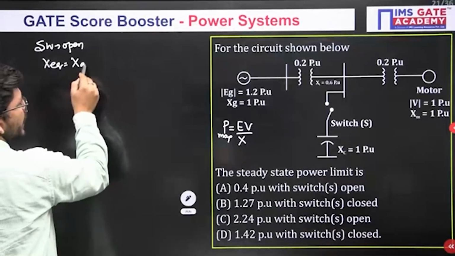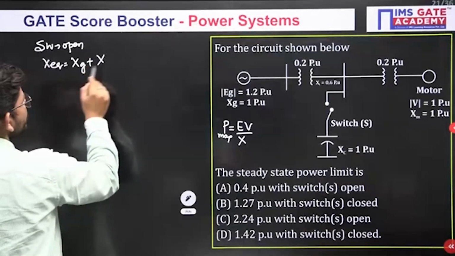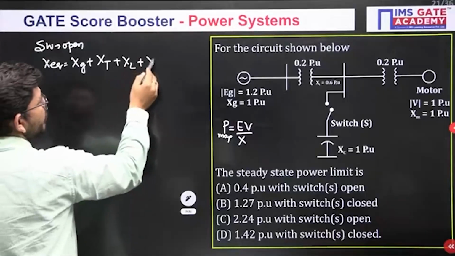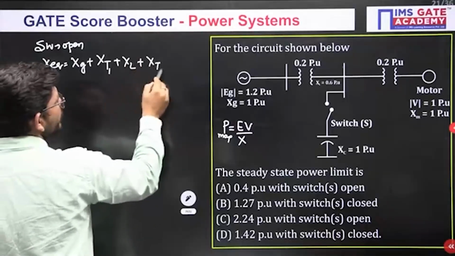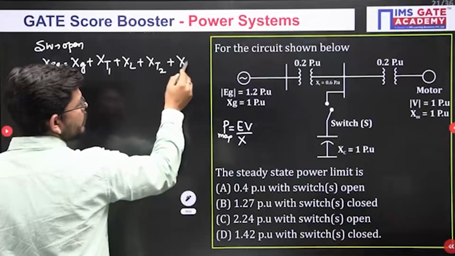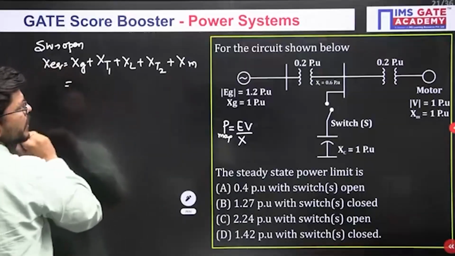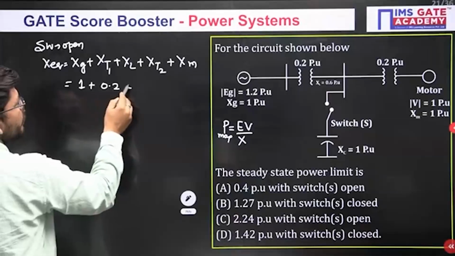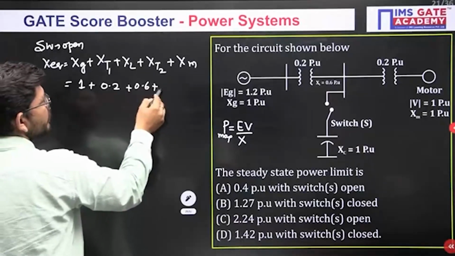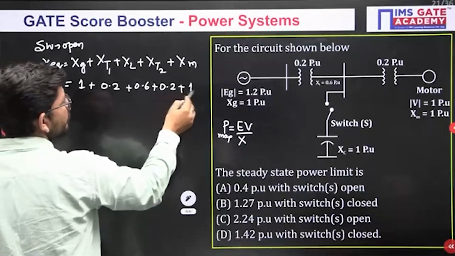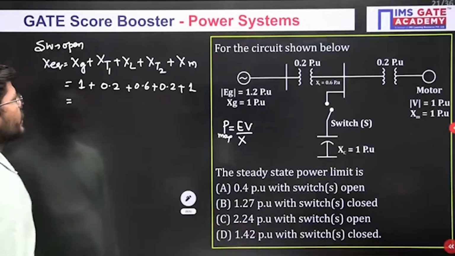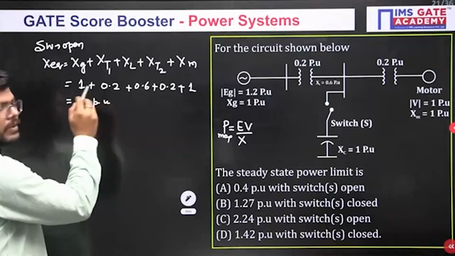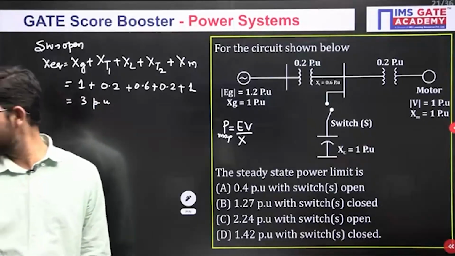It will be equal to X of G plus X of T1 plus X of line plus X of T2 and then X of M. Let me write the impedances of everyone: 1 plus 0.2 plus 0.6 plus 0.2 plus 1. How much are we getting? I think it is 3 per unit, isn't it? It will be equal to 3 per unit.